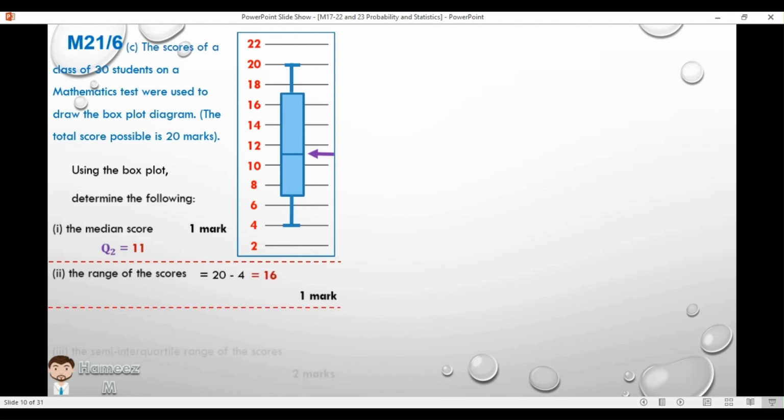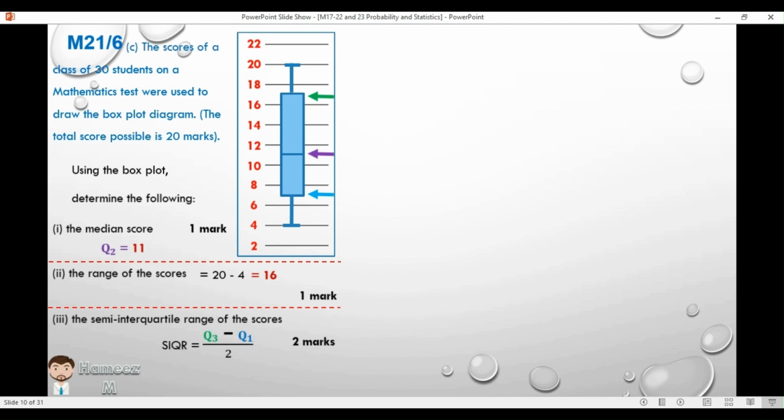Part 3, determine the semi-interquartile range of the scores. And in order to do this, we need to get Q1, which is the 25th percentile, as indicated by the blue arrow, and we need to get Q3, which is the 75th percentile, which is indicated by the green arrow. So the semi-interquartile range would be Q3 minus Q1 divided by 2.